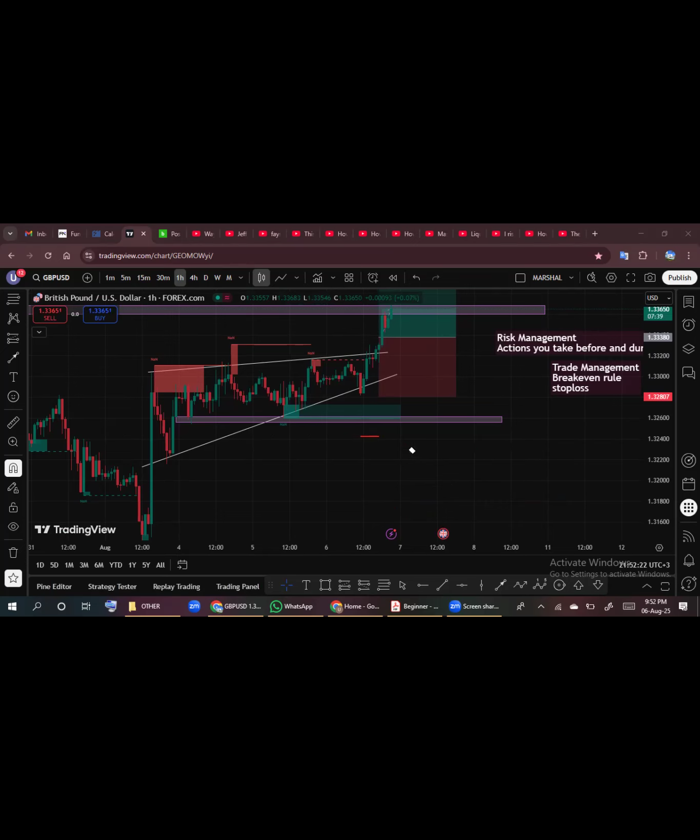So let's say that your percentage risk is 10% of a $1,000 account. So it's a percentage risk you set, which is $100, right?